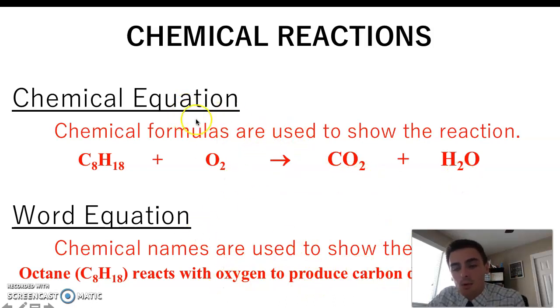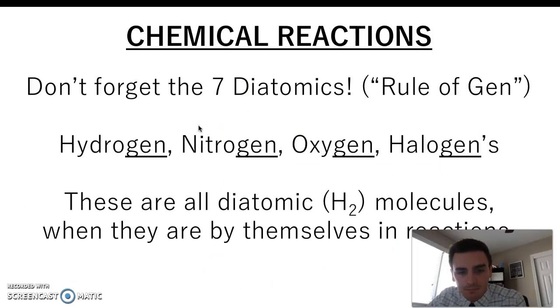You'll need to be able to work back and forth between these, and there's a few things we need to make sure we hit really quick. You need to make sure you remember there's 7 diatomic molecules. On the periodic table we said that is the hockey stick, and then there's the hockey puck, and the other thing is just that everything that ends in gen doesn't exist as one. It always exists in a pair, which is why we call it diatomic.